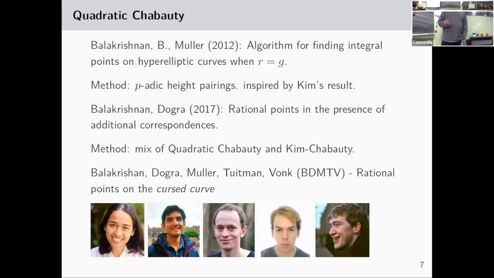So anyhow, this is a method that initially started by finding integral points on hyperelliptic curves when r is g. So just going almost the least amount of steps beyond what Chabauty can do. So Chabauty can always deal with g greater than r. So the first case where it can't is r equals g.